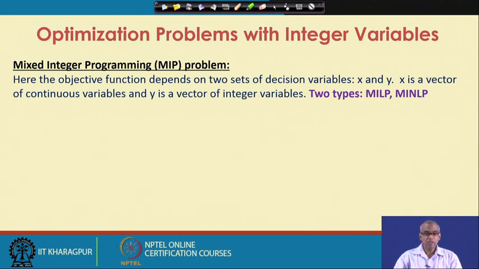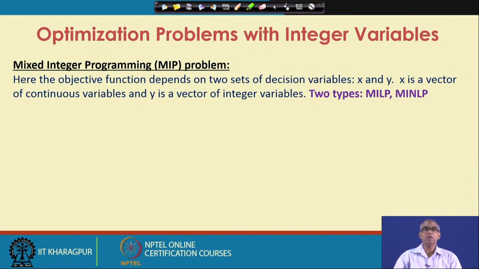Now, the mixed integer programming problems can be of two types: mixed integer linear programming, mixed integer non-linear programming. In case of mixed integer linear programming, your objective function is linear and all the constants are linear, but the decision variables can take integer values.